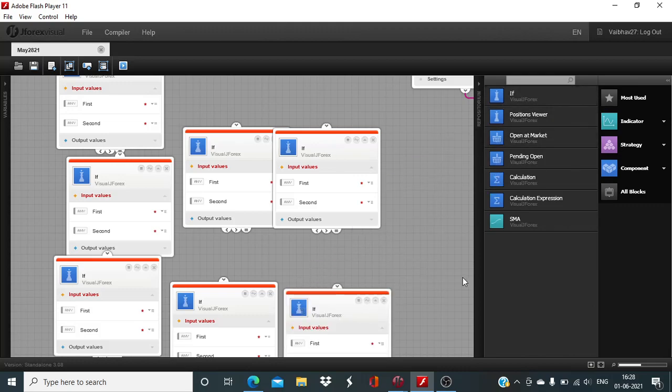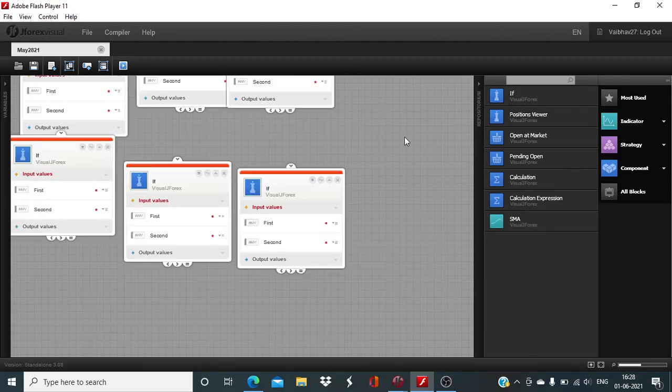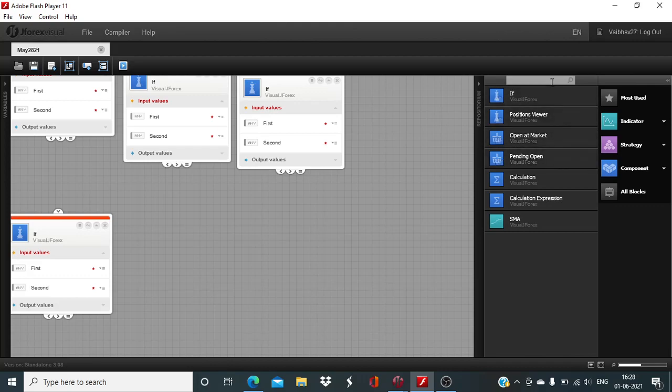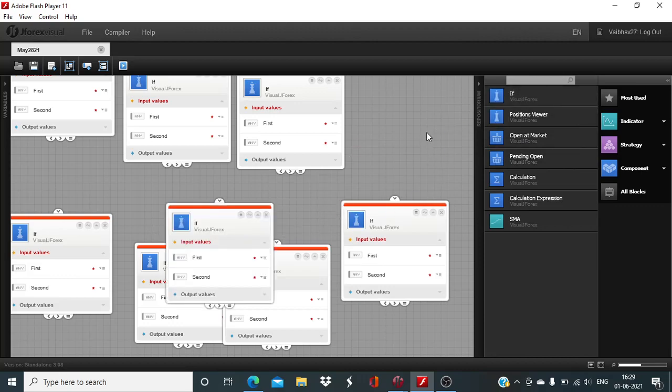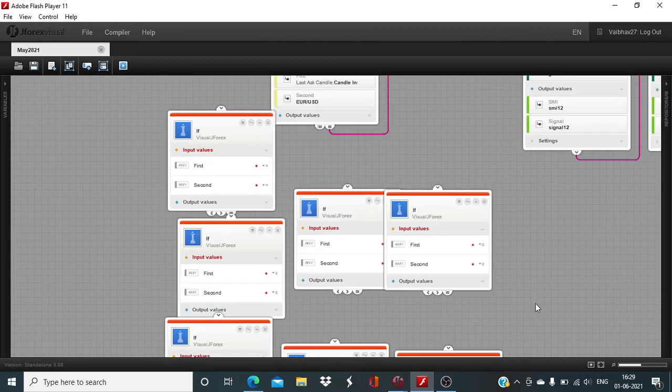So whatever conditions were placed for execution of the buy trade, the inverted conditions will be placed for sell trade. I have got 7. I will need 5 more. Alright, all 12 in place.